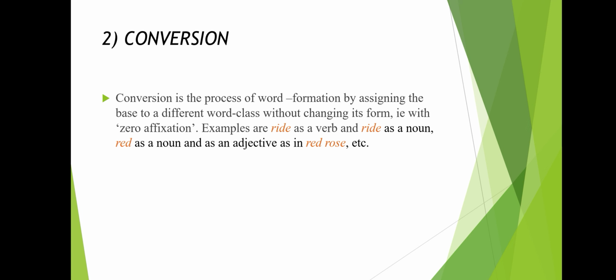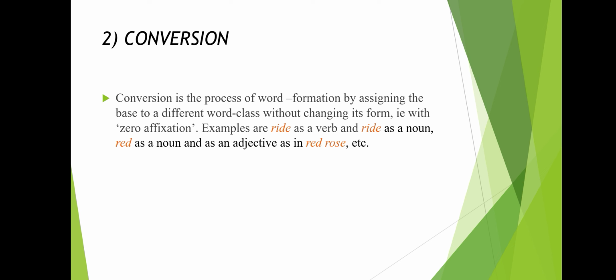So when we take ride as a verb, we can say, for example, riding a car. Ride becomes a verb there, riding a car. Then ride as a noun, for example, horse ride. That is an example of a noun, horse ride.